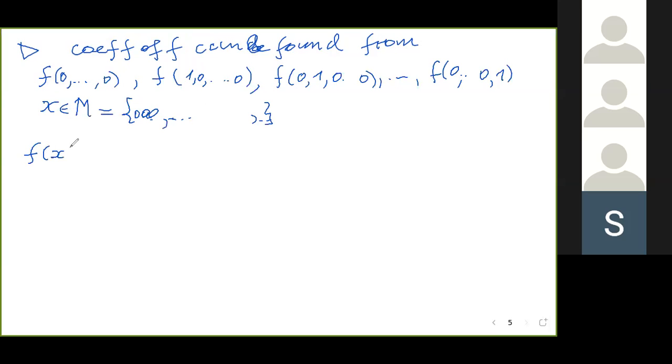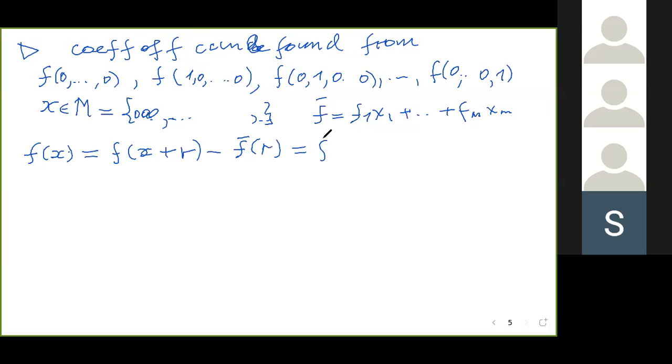We know that if we shift x by any vector r and then subtract from it the linear part of f, without the constant term, where the linear part of f is the function f1 x1 plus ... plus fm xm, then because of linearity we will obtain just f of x. And this happens for all r.